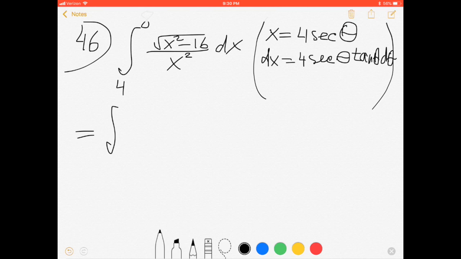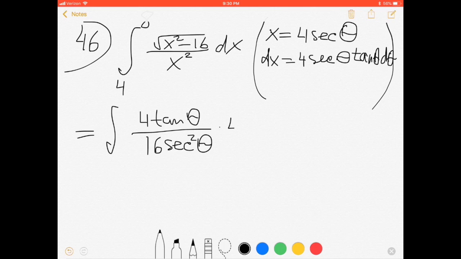It gives us 16 tangent square, and taking the root, it will be 4 tangent theta, divided by 16 secant square theta, multiplied by 4 secant theta tangent theta d theta. Okay, the function is prepared, but what about the borders?